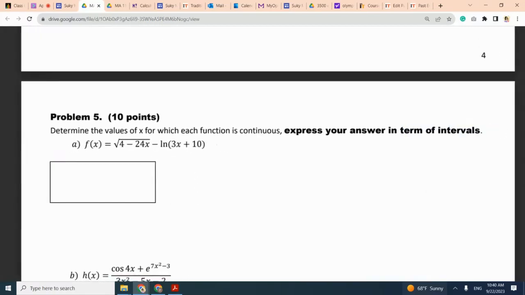All right. How about here? Find the x values for which the function is continuous. Remember all the functions we learned are continuous on the domain. So this problem is the same as to find the domain. And for domain, we look at three things. Remember? Do we see square roots?